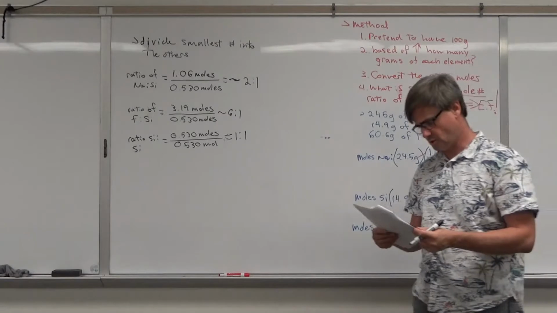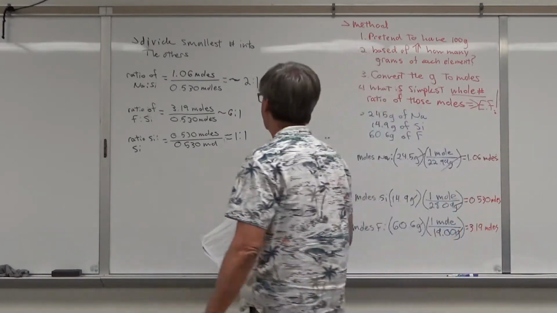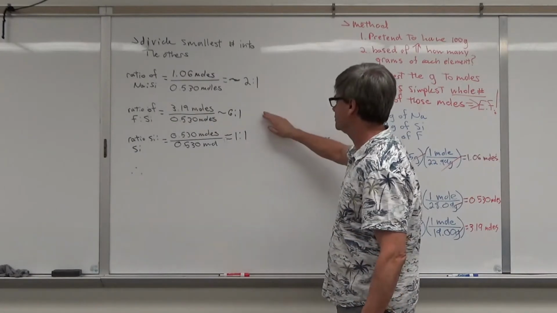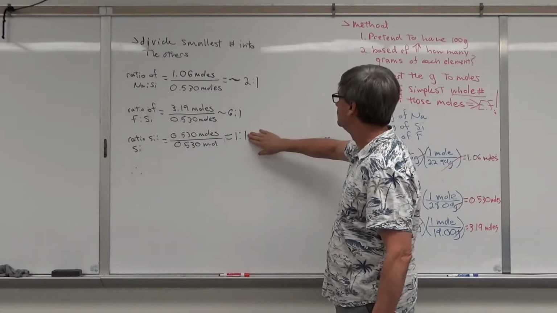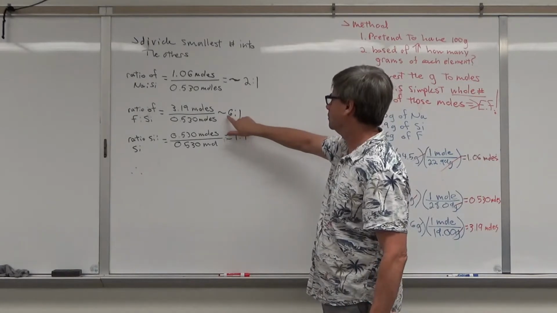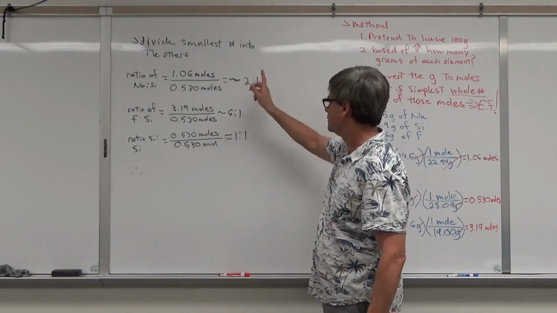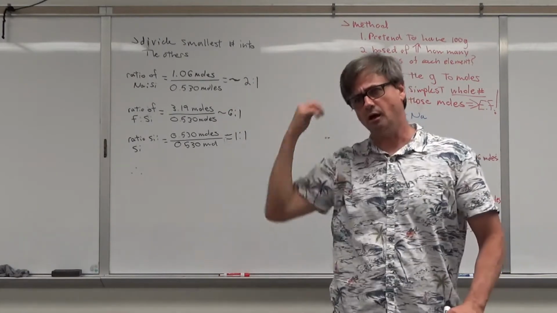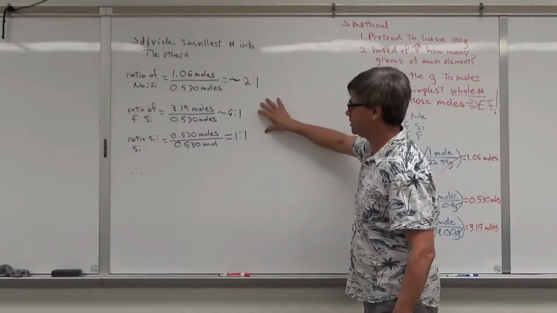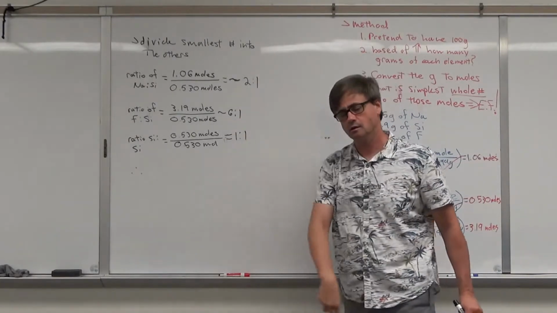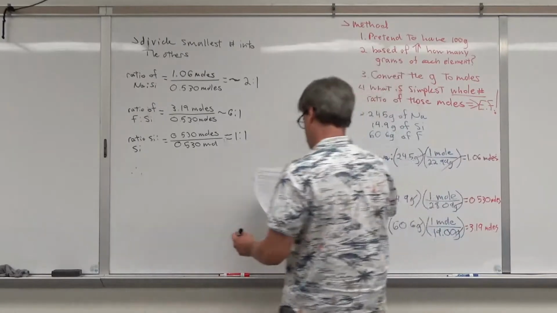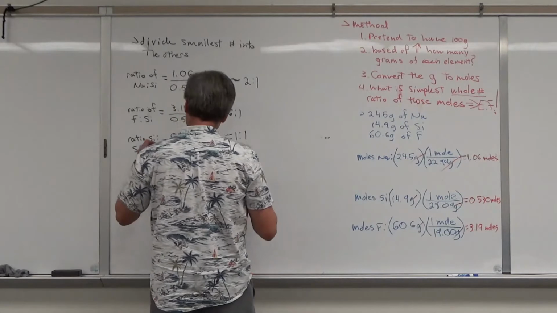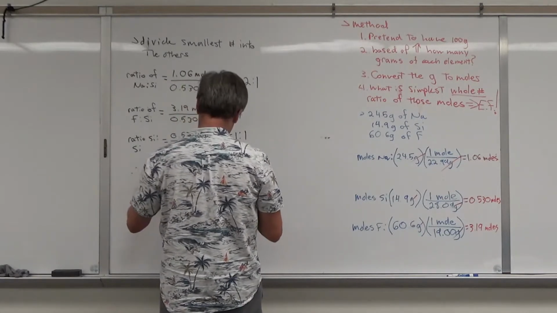All right. So therefore, these came out to be whole number ratios. Your silicon is going to be 1, your fluorine is going to be 6, and your sodium is going to be 2. So at this point in the process, it immediately spit out the empirical formula. And I'll do another example where it doesn't. You got to do a little bit more manipulation.